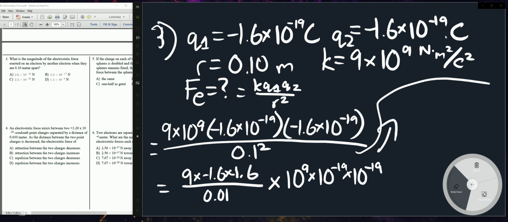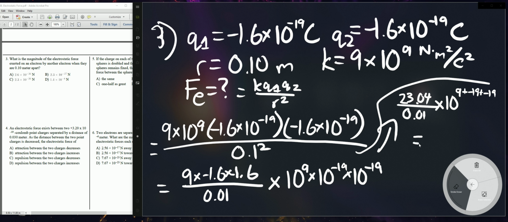I'm sure there's a logical way of doing that. And so I'm going to get 23.04 divided by 0.01 times 10. What's going to happen here is these exponents are going to add together. So 9 plus negative 19 plus negative 19.